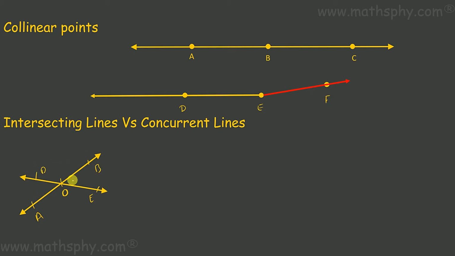This happens only in case of 2 lines. Concurrent lines: we have 3 or more than 3 lines intersecting at one common point. Let's take it as O. We call these lines concurrent lines. Intersecting, 2 lines. Concurrent, 3 or more than 3.